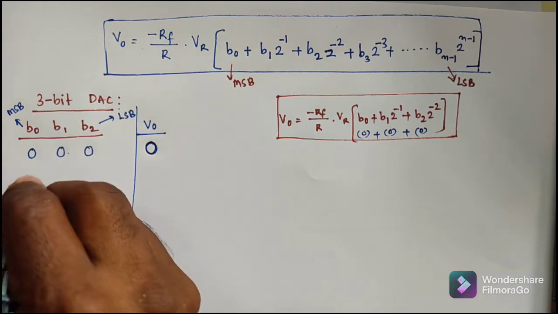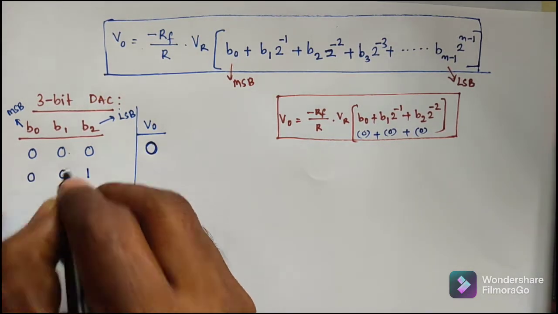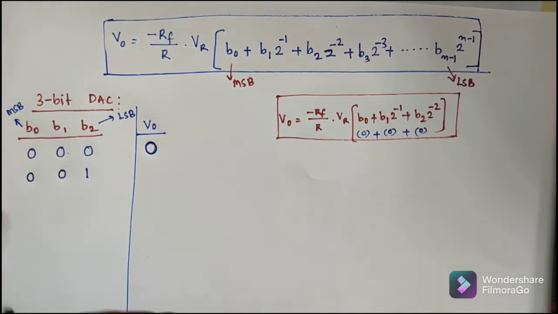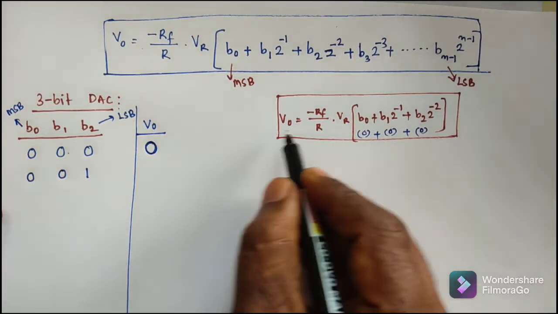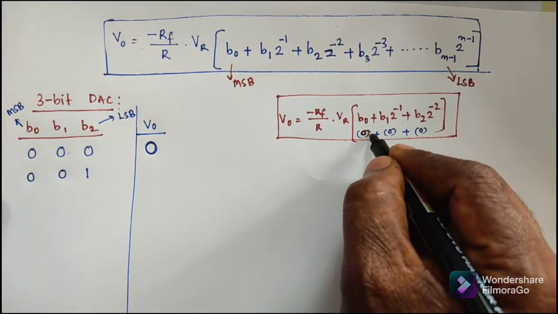Okay. Now I am taking another sample, 0, 0, 1. I am writing that example here: B0 value is 0.